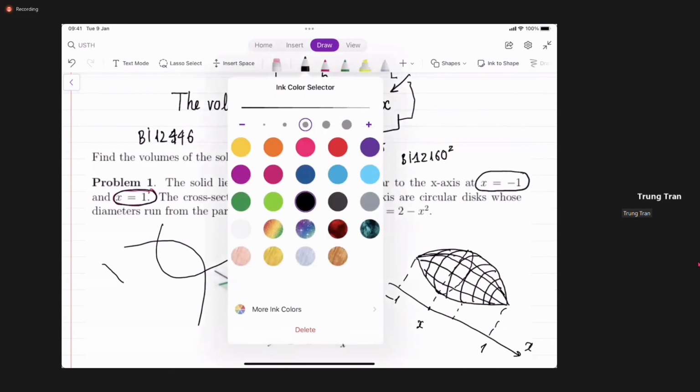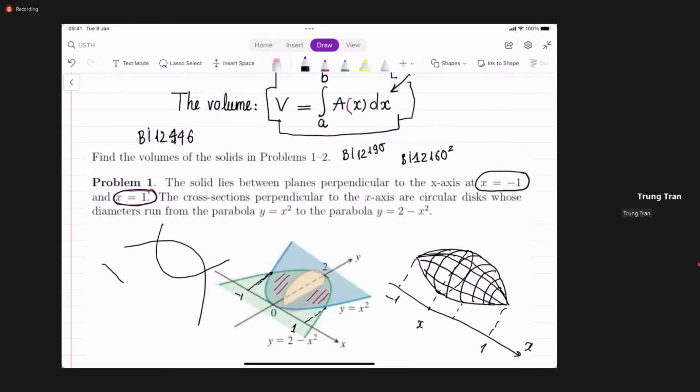Now, for each x here, you construct the cross section like this. What is the cross section in this problem?